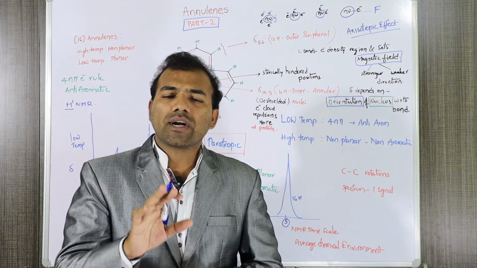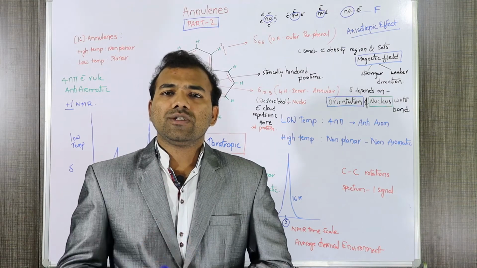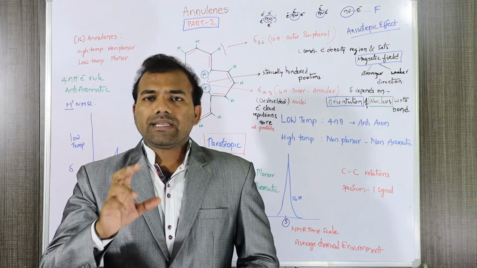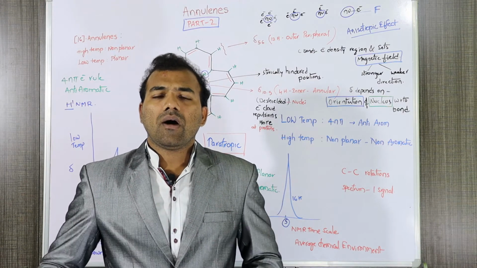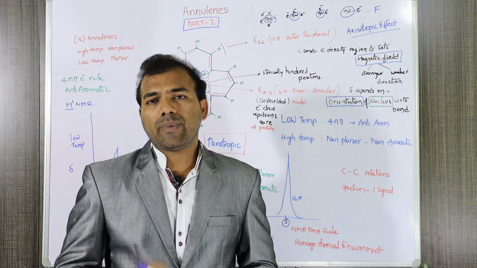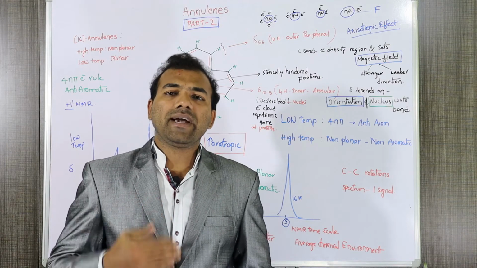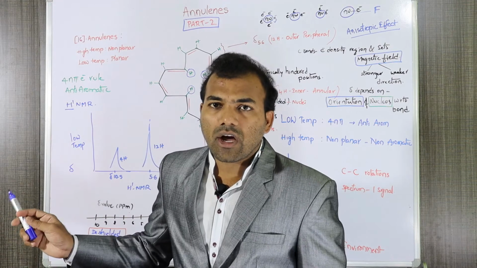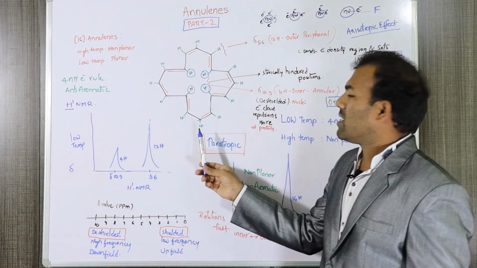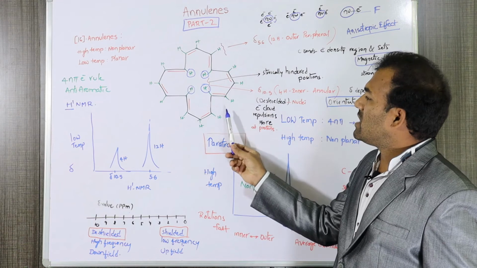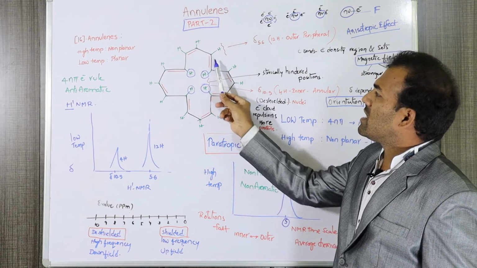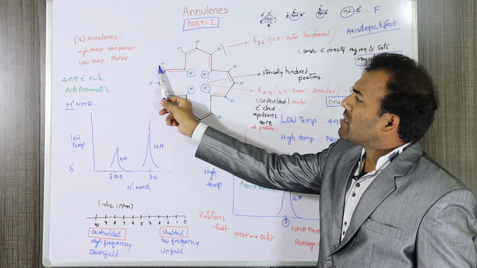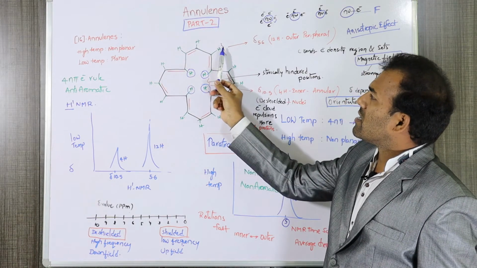So if you understand these 3 concepts, then you can understand the concept of these annulenes in an easy nutshell. The 16 annulene is made of 16 carbon atoms, or 16 conjugated pi electrons. So let us see the structure, how it is. Here you see, this is [16]annulene. There are 16 carbon atoms. There are 12 hydrogens outside the ring.